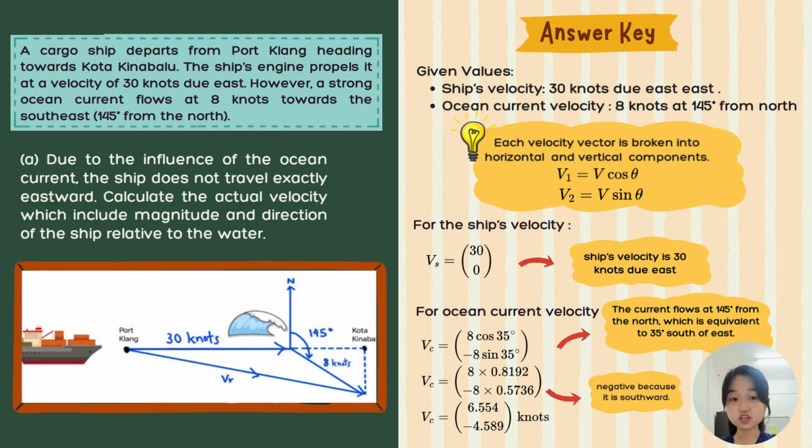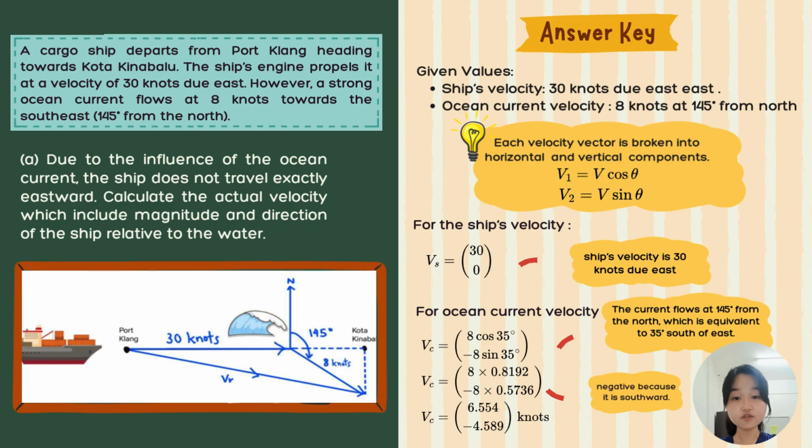The horizontal component, v1, is v cosine theta, and the vertical component, v2, is v sine theta. For the ship's velocity, its horizontal component is 30 knots, and its vertical component is 0 knots. So, we write the answer in vector form, in which its velocity is (30, 0).